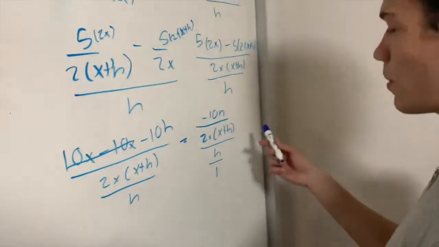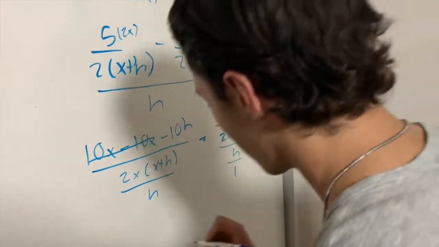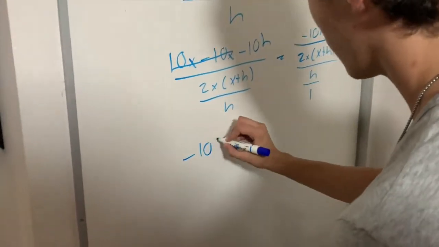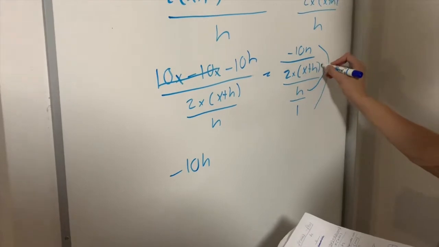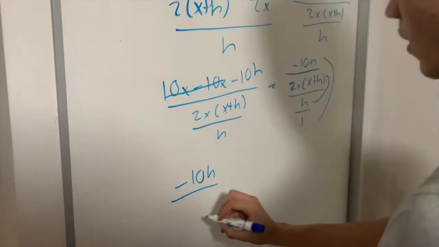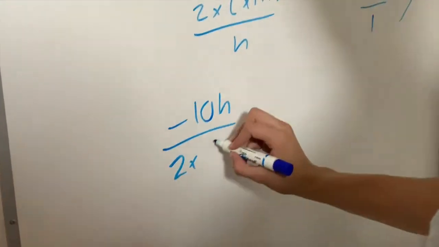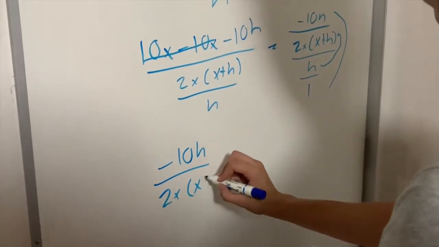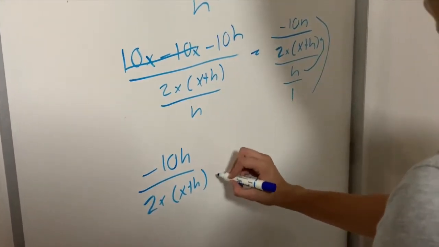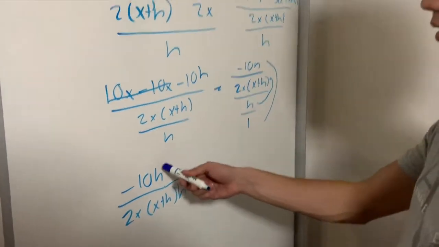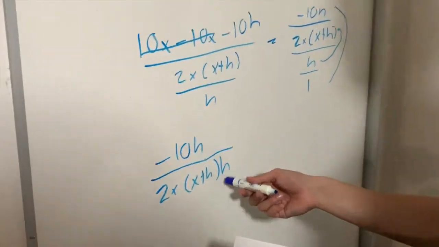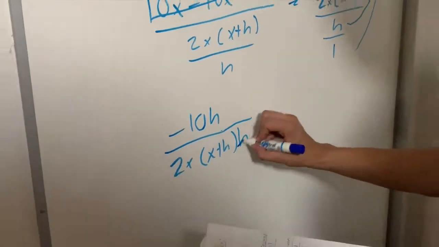So now we're going to have to apply the tortilla rule, which is going to give us negative 10h times 1, and then h times this one is going to give us over 2x times x plus h times h. And here we can cancel out the h in the negative 10h and the h that is multiplying this whole equation.